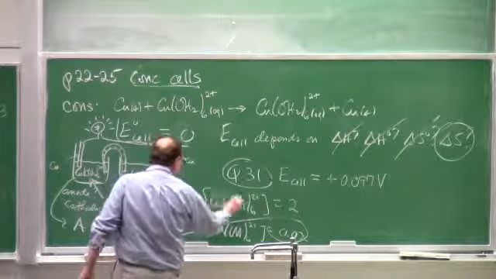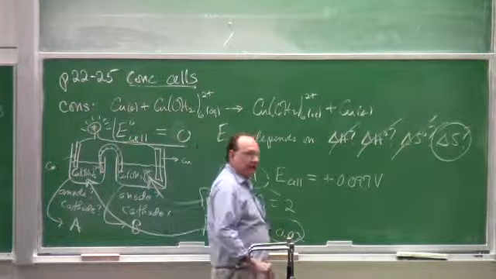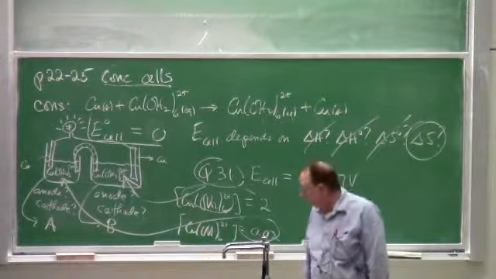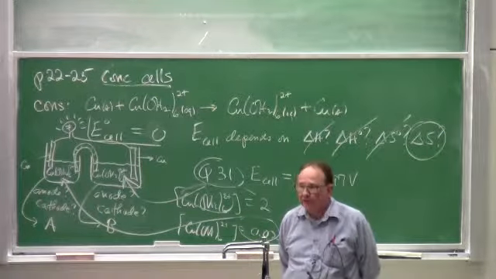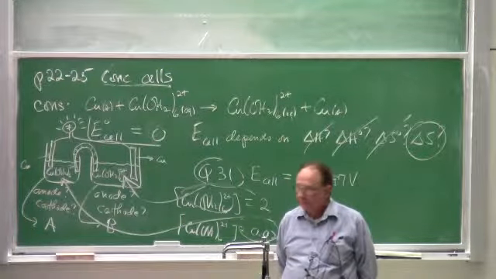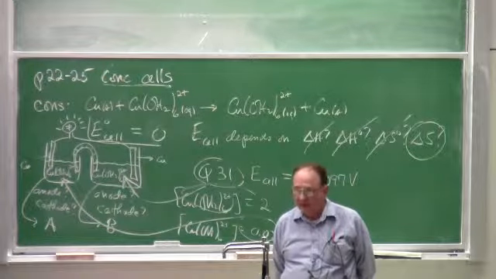This is here, so by default, this is here. If this is the way I construct this system, which of these beakers is the anode compartment? Which of these beakers is the cathode compartment? Say again. A is anode.